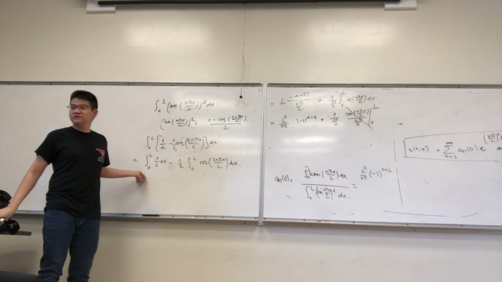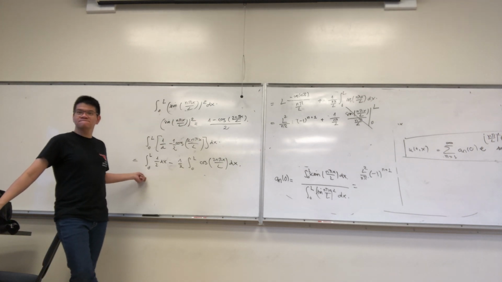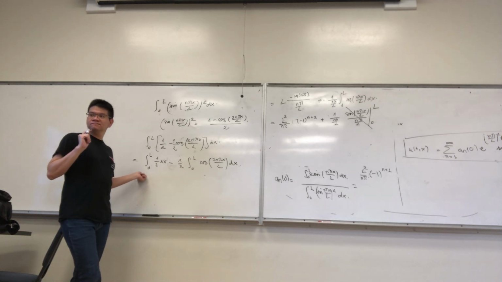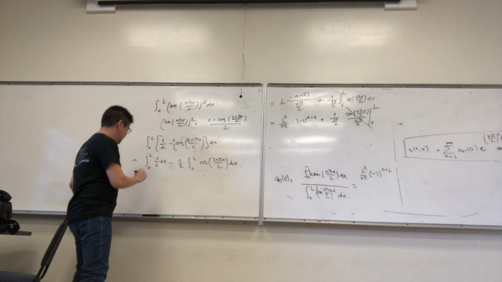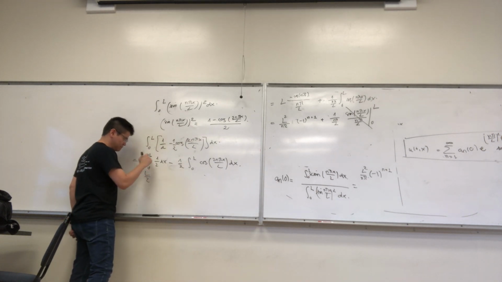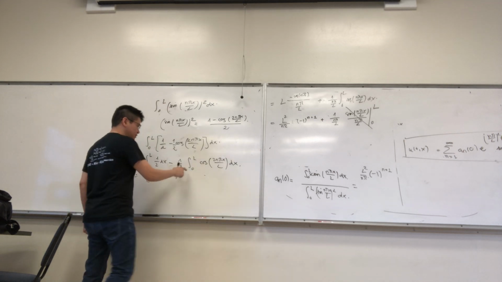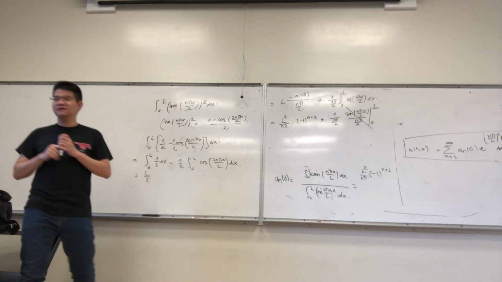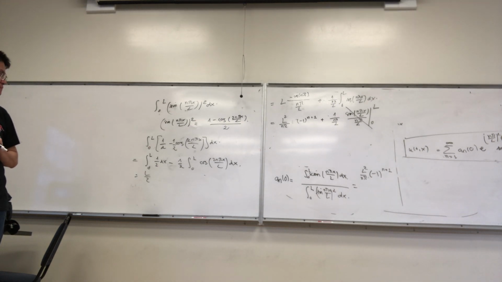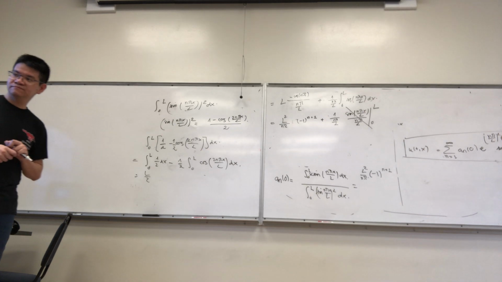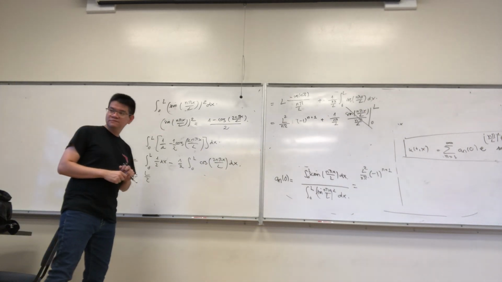So what is the value of the first one? Yes, 1/2. So it's 1/2, but remember that you have the L, right? So for the second one, how can I compute that? It's going to be sine 2n pi x over L over 2n pi times 1/2, but the x is L, so it ends up being 0.